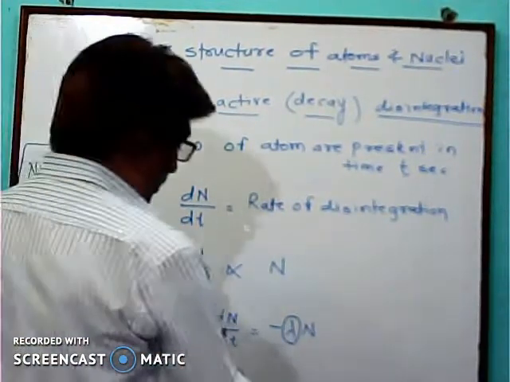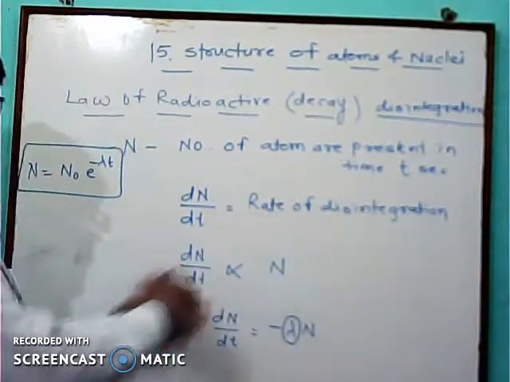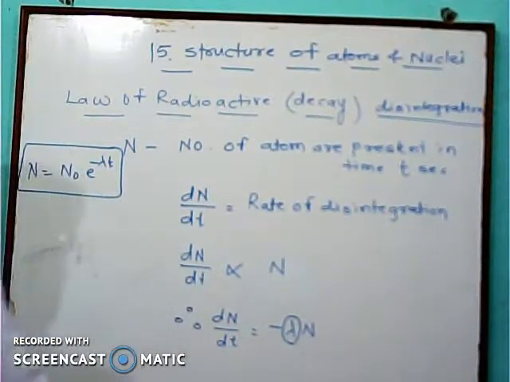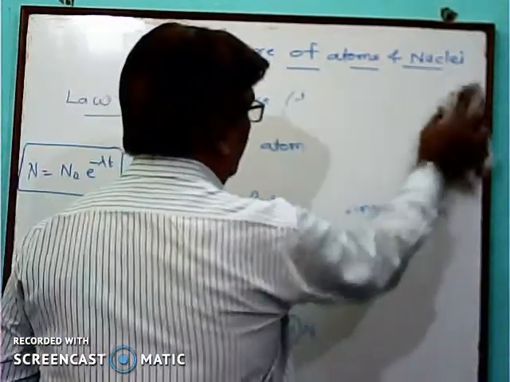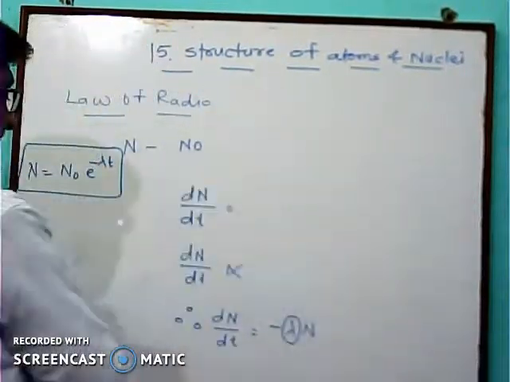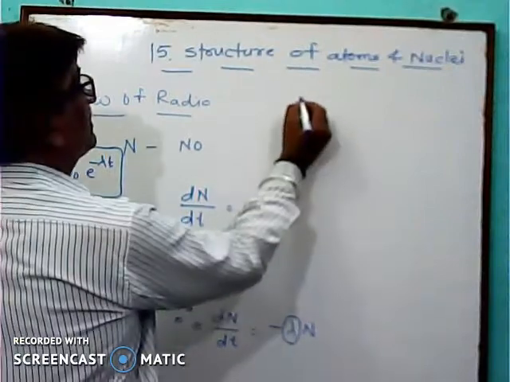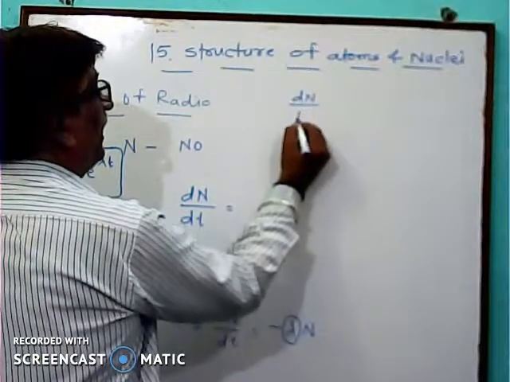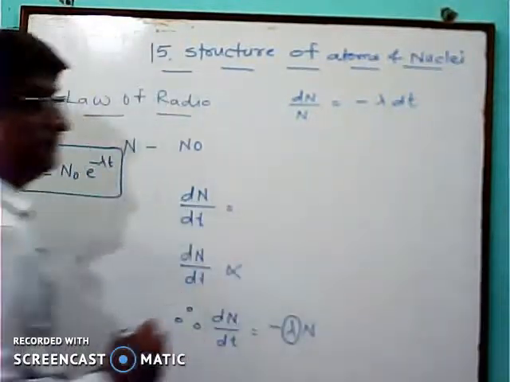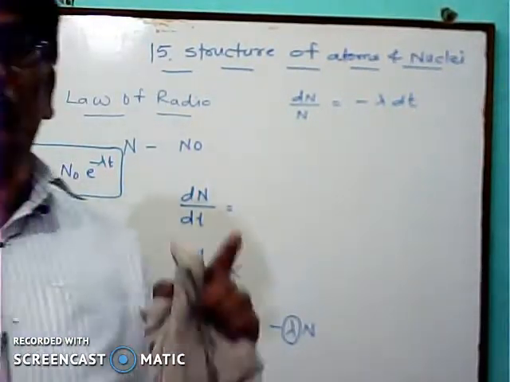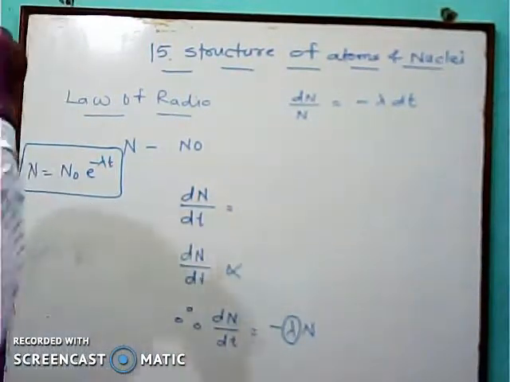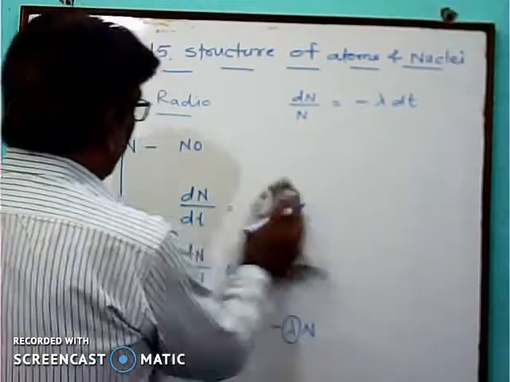Suppose we interchange the terms, then dN upon N is equal to minus lambda dt. Suppose this is equation 1.